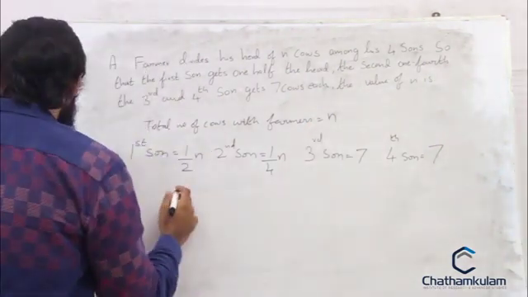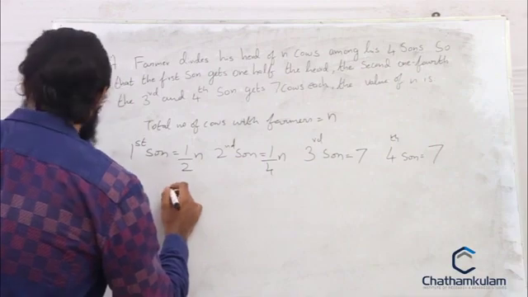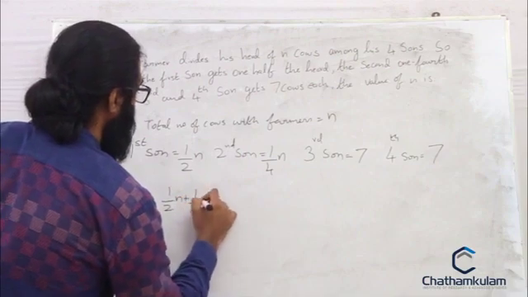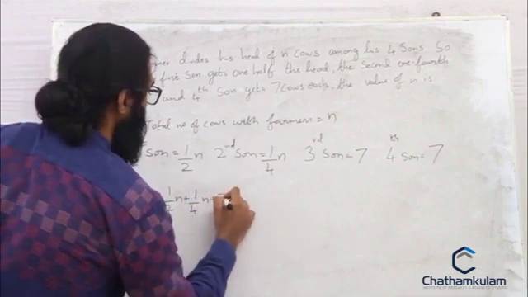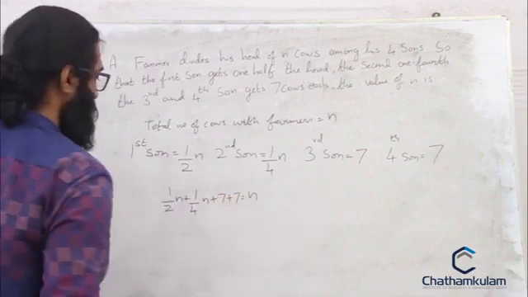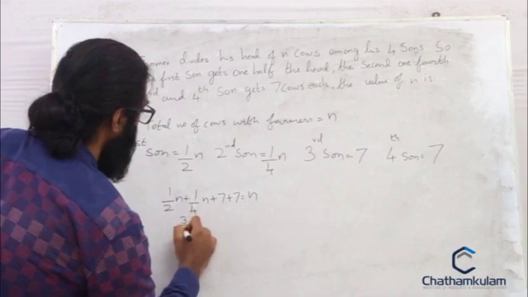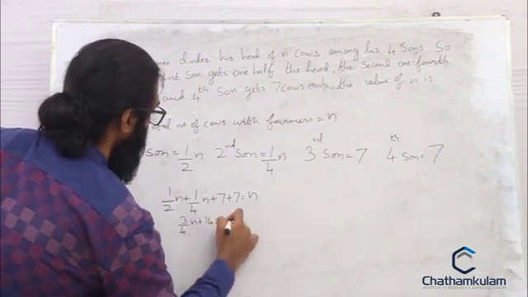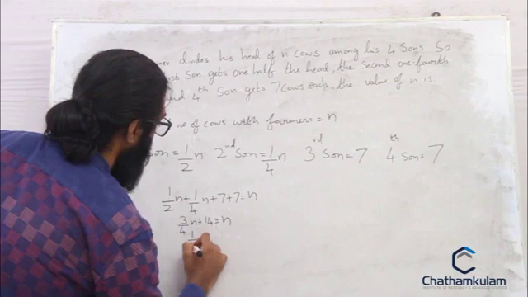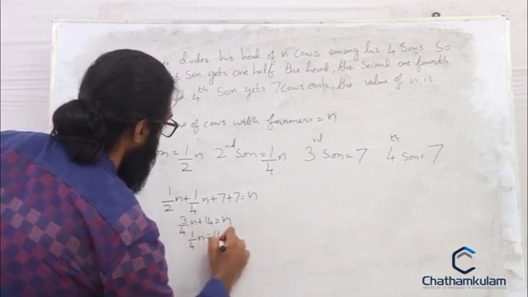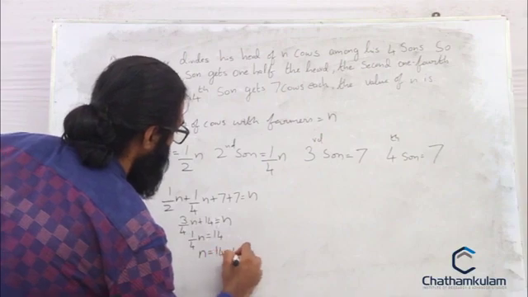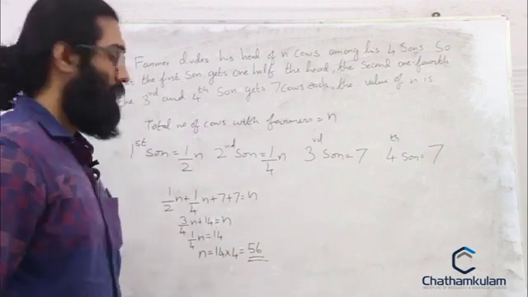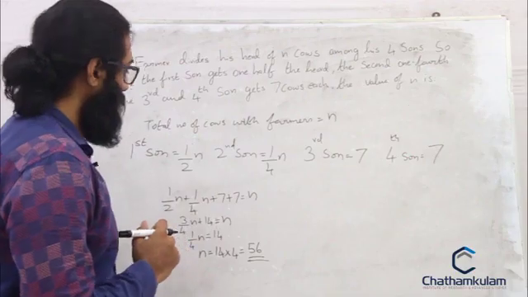So we equate it here, we get 1/2 n plus 1/4 n plus 7 plus 7 equals n, that is 3/4 n plus 14 equals n, that is 1/4 n equals 14, n equals 14 into 4, that is equal to 56. That is, 56 is the number of cows that the farmer had.